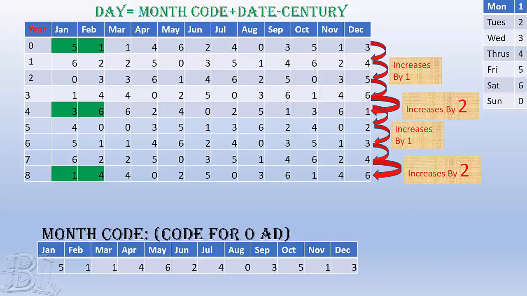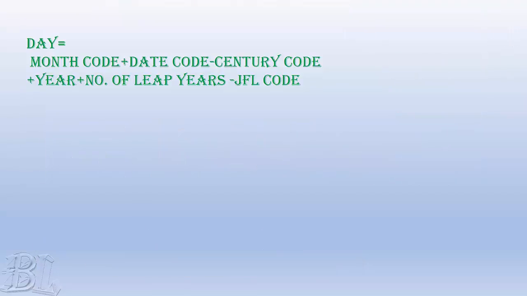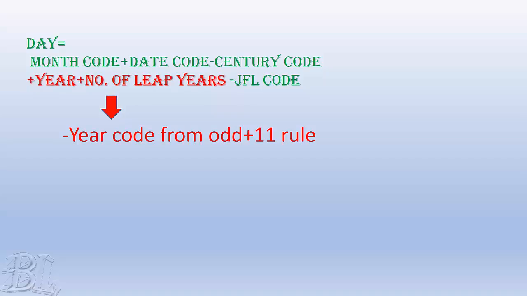Finally, we found the formula to find the day as month code plus date code minus century code plus year plus number of leap years minus JFL code. But, remember that the year plus number of leap years is equivalent to negative of year code found from odd plus 11 rule. Hence we replace it by minus year code.